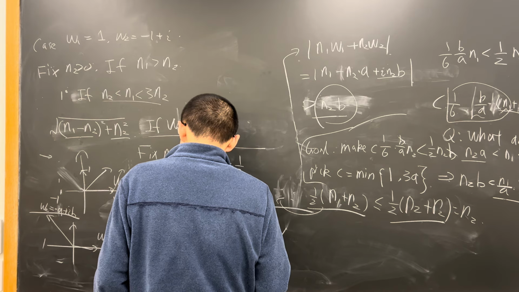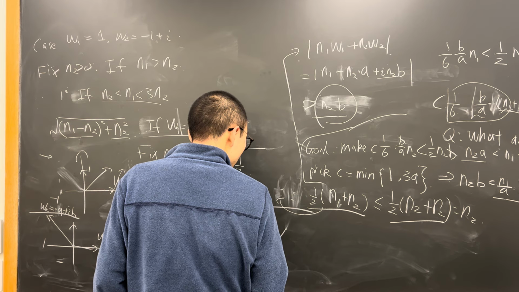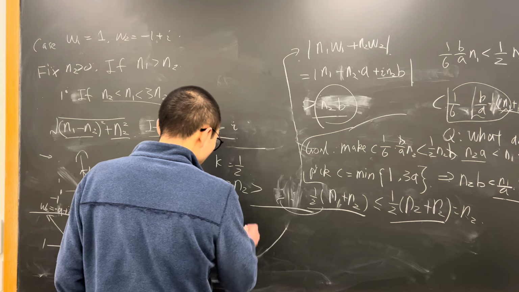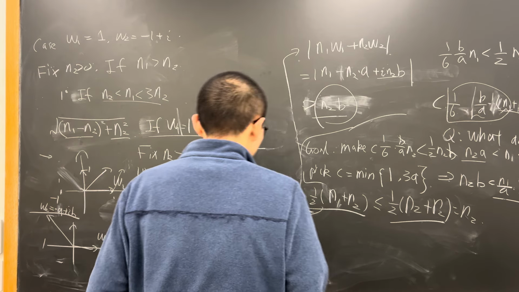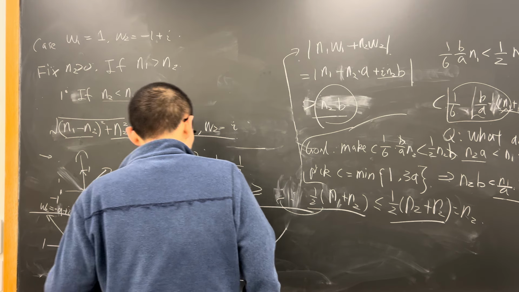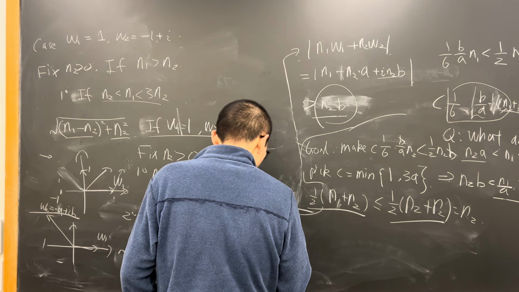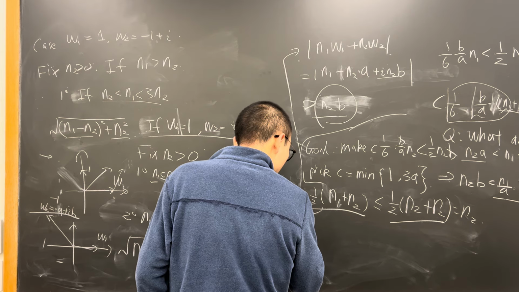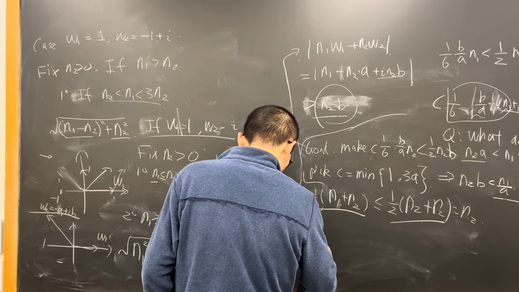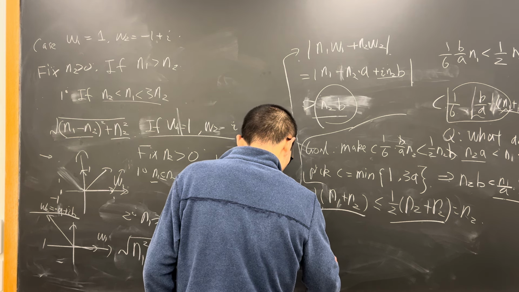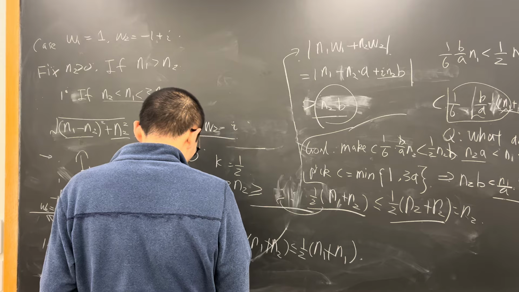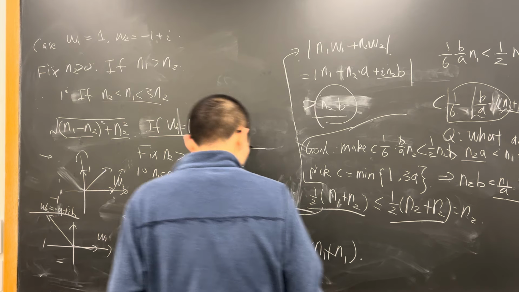It should be bigger than or equal to. So 1/2. We use n1 as the upper bound, which is just n1.